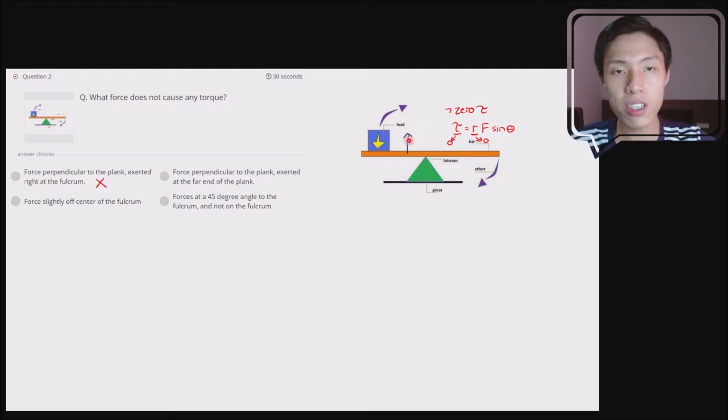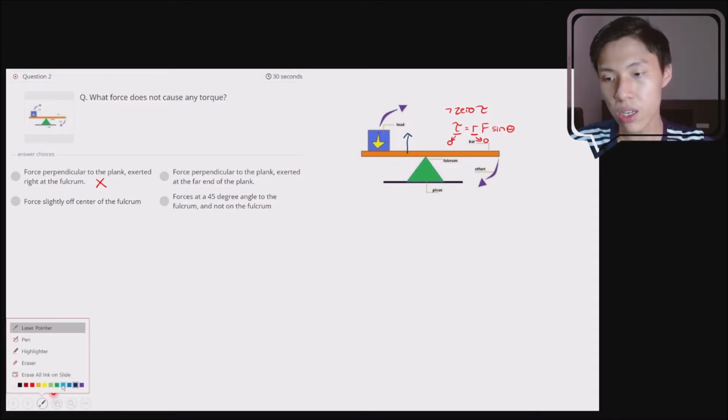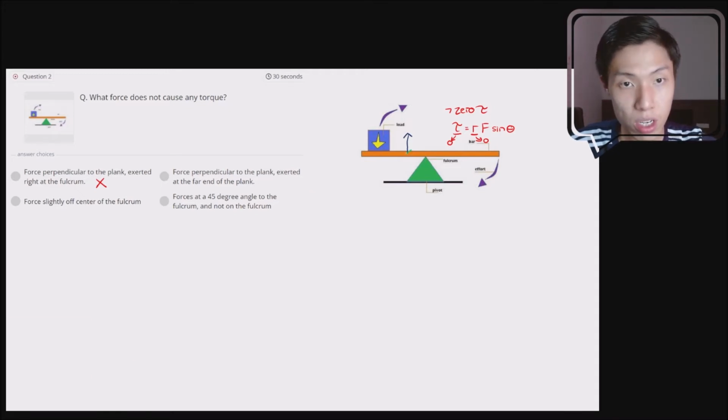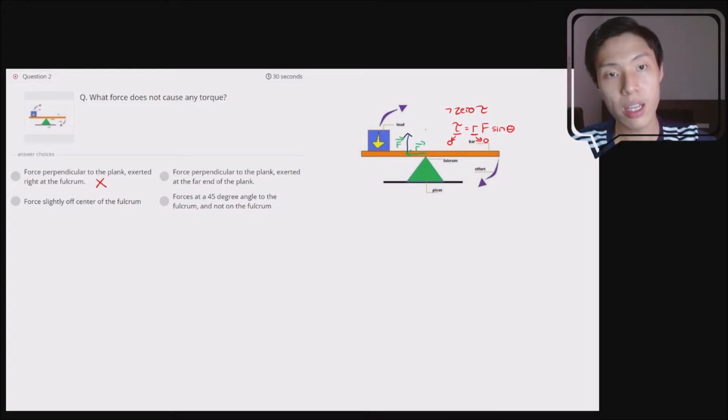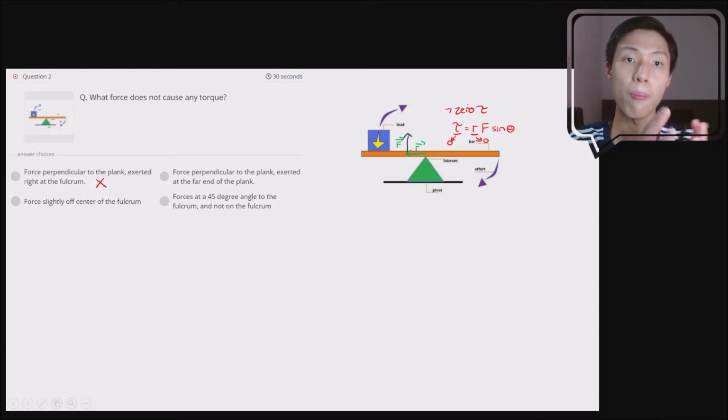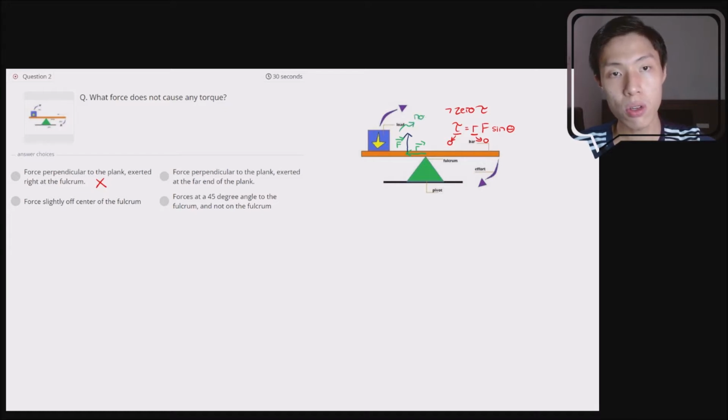If the force is exerted somewhere away from the fulcrum, then you have your R, which is measured from here to here. So if you have R and you have F, and this R and F have components which are perpendicular to each other, then you expect this one to have non-zero torque. Okay, so this one will have torque.